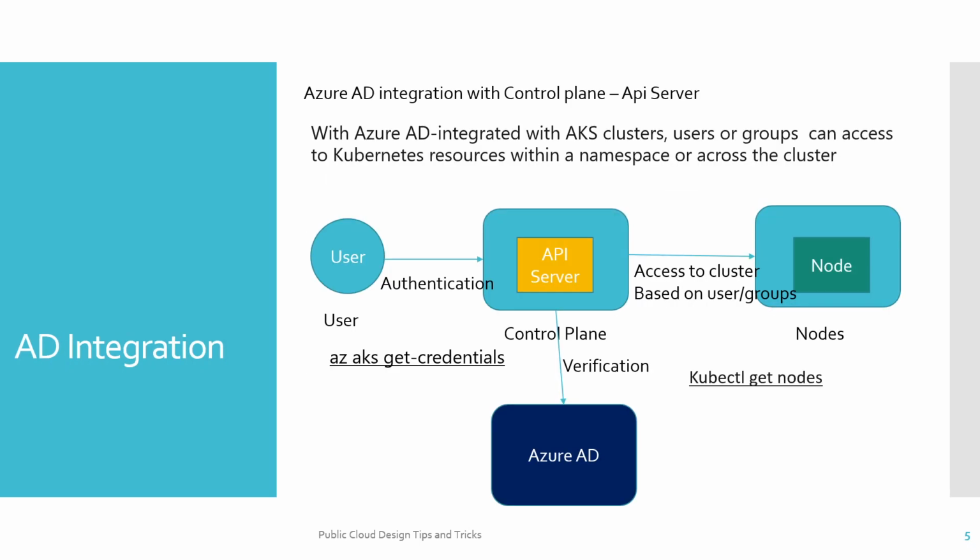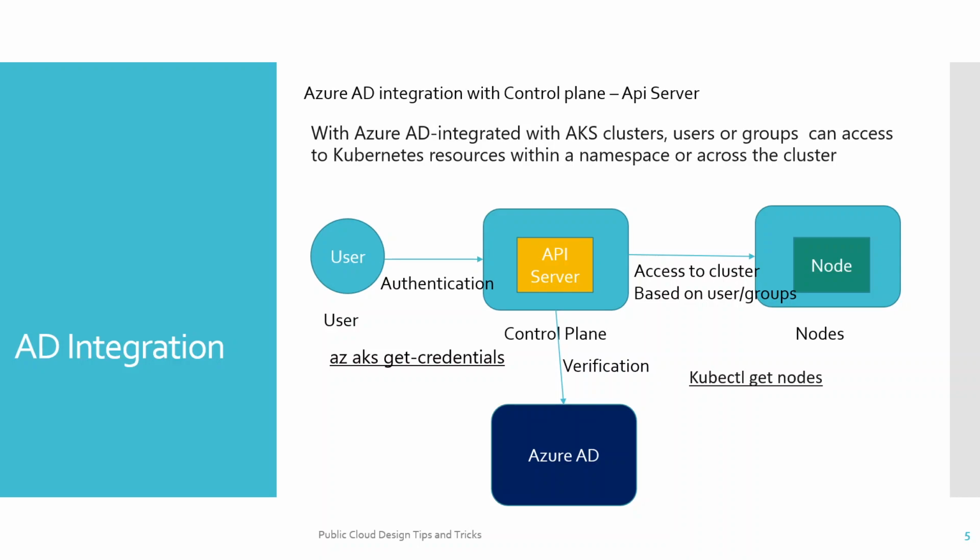Now, whenever you work with Azure, Azure Active Directory is the identity provider, and that comes hand in hand with Azure Kubernetes Service. So how does it work when a user first starts talking to a Kubernetes cluster? For example, with AKS get-credentials, it goes to Active Directory and tries to get authenticated with the user information within Azure AD.